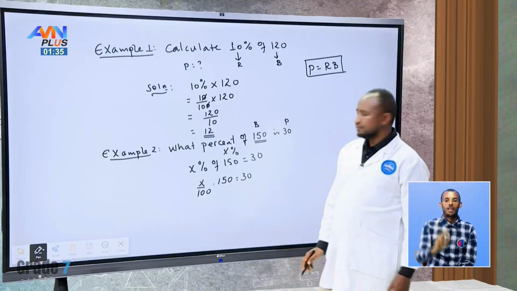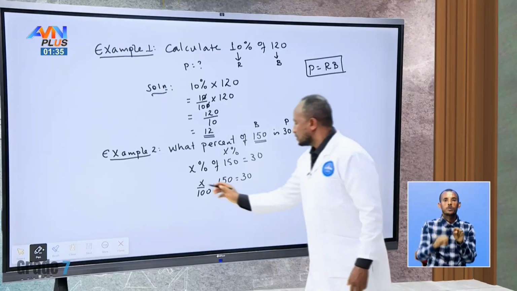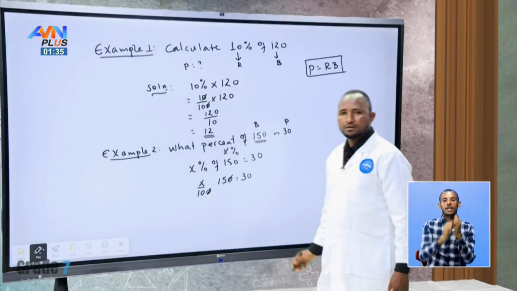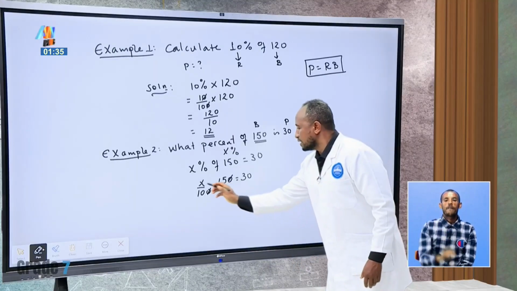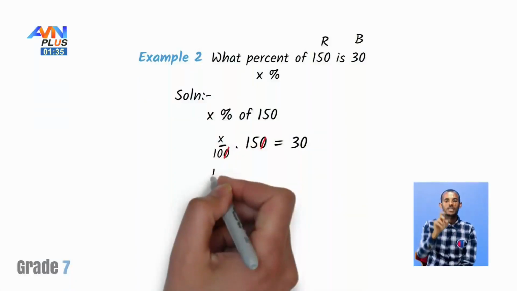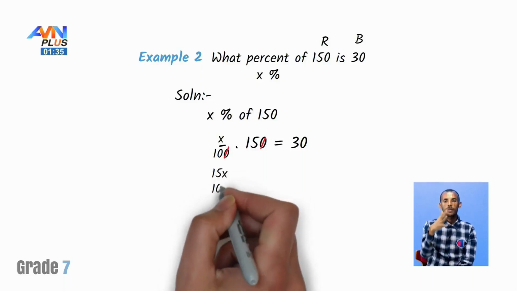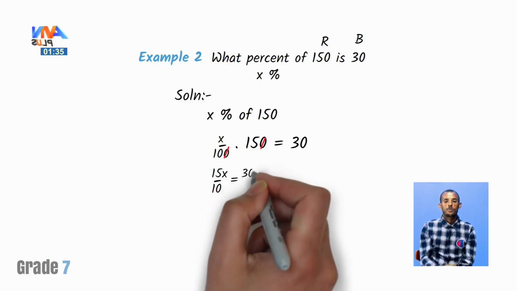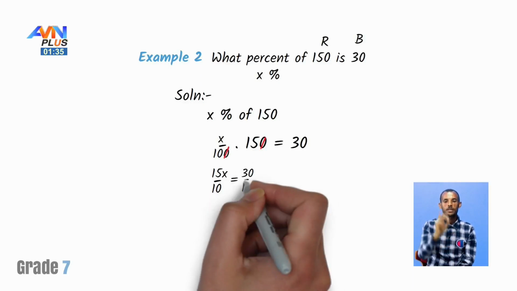So let's multiply these two. First, let's cancel 0 to simplify the term. So 15 times x is 15x divided by 10 is equal to 30.